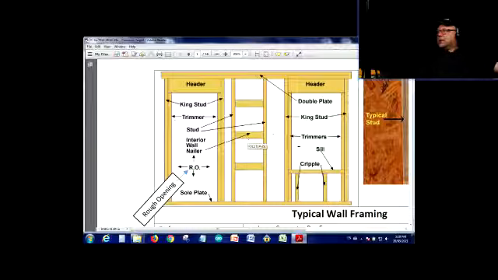Over here you have the nailer boards extending horizontally. You can also see something called noggings, and we'll talk about that. It's a similar idea, just to keep the studding intact.